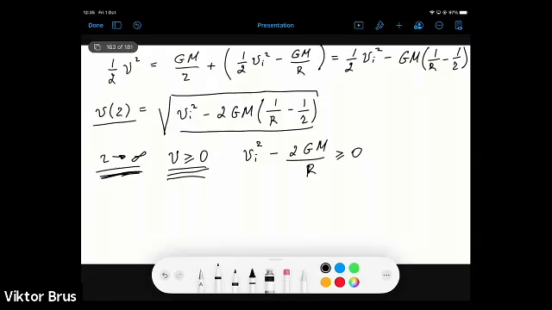And if, let's say, we consider the minimum velocity we need, so when this is equal to 0, it will be the following.